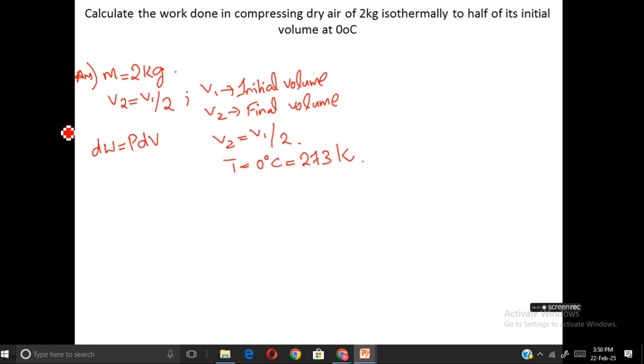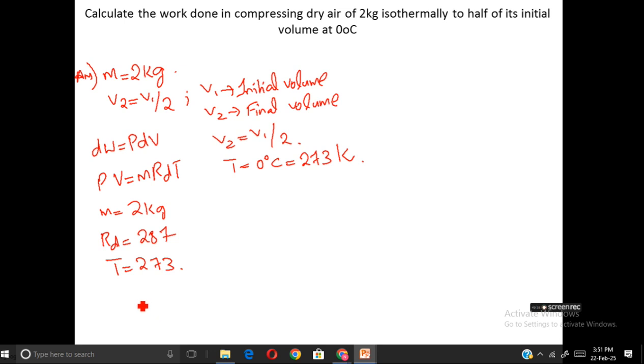From the ideal gas law, we can write PV is equal to mRT. This is the same as PV is equal to nRT, but instead of the number of moles, we are using the mass of the gas. We know the value of m, which is 2 kg. We know the value of R, which is 287, and the temperature T, which is 273.